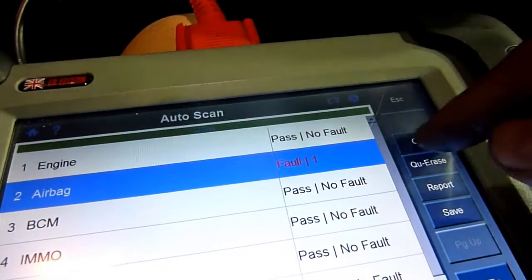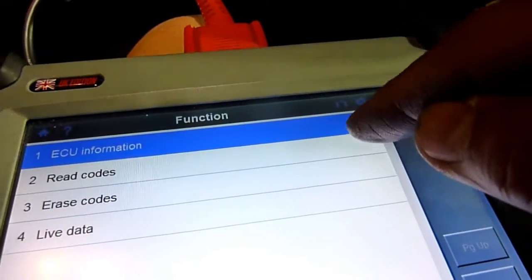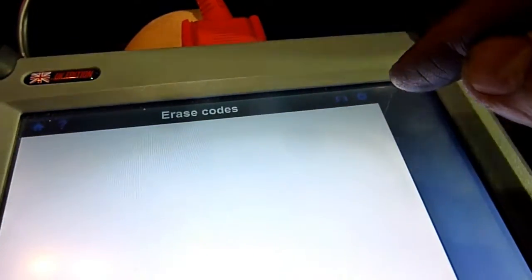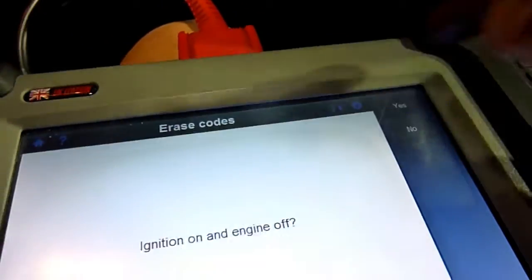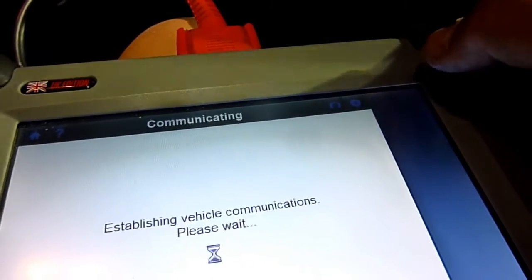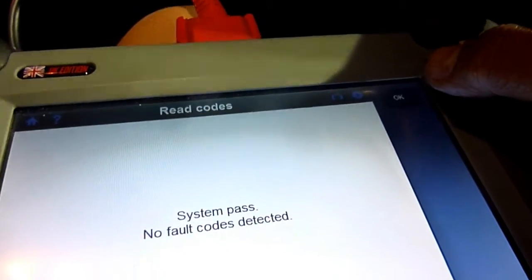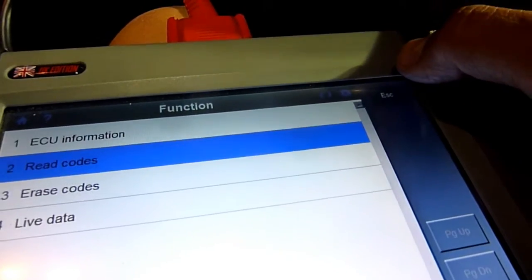Get back. Erase code. Yep. Yep. Okay. Read codes. No fault codes detected.